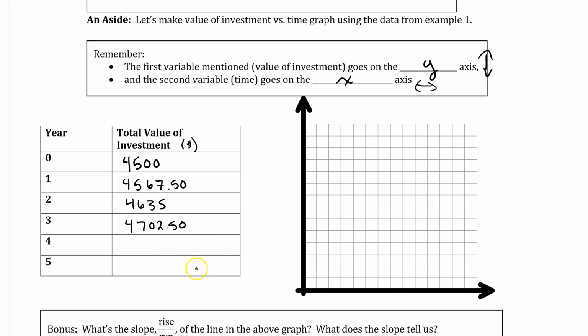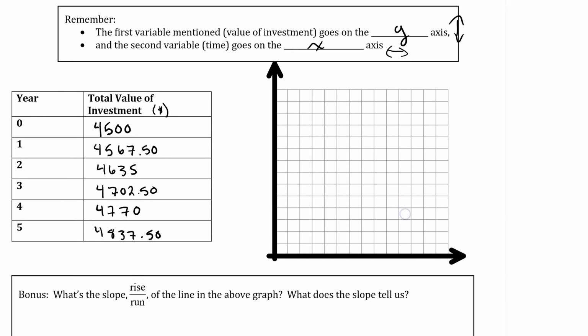Now we just want to add 67.50 all along, because it's a linear sort of relationship. So when I add 67.50 to the total value of the investment after 3 years, I get 4,770. And then if I add another 67.50, I get 4,837.50. Sorry, I put my decimal in the wrong place.